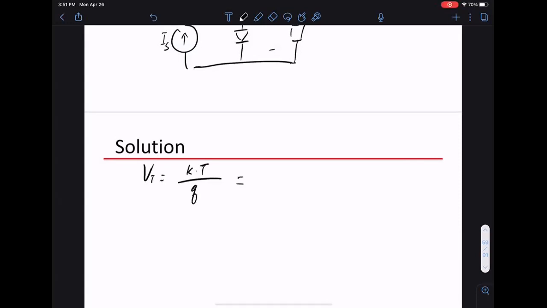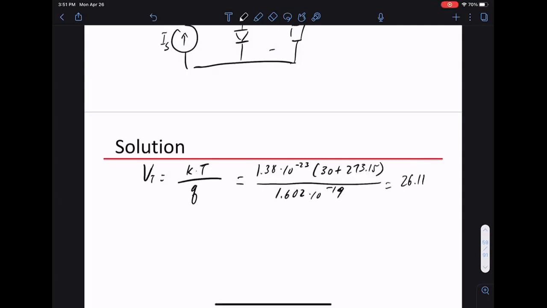The only thing that's a little bit tricky is that you want to use the absolute temperature in kelvins. So it's important to not use 30, but use the temperature in kelvins. And then the rest are just fundamental constants you can copy and plug in. And here we got 26.11 times 10 to the minus 3 volts. Okay. Any questions about this?